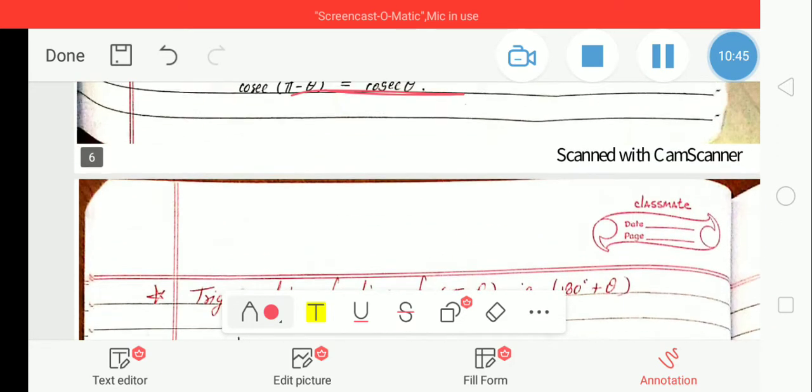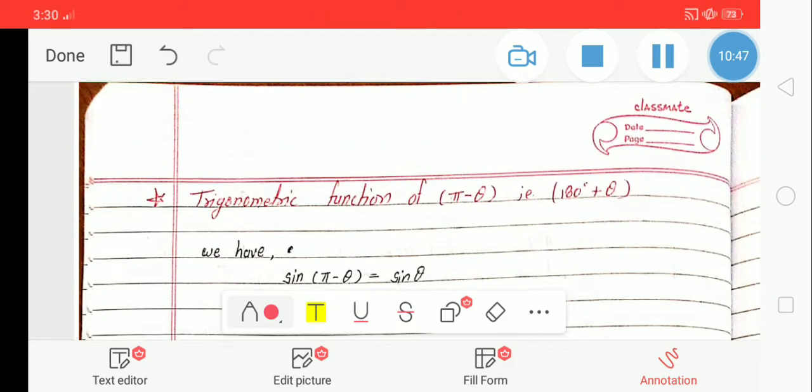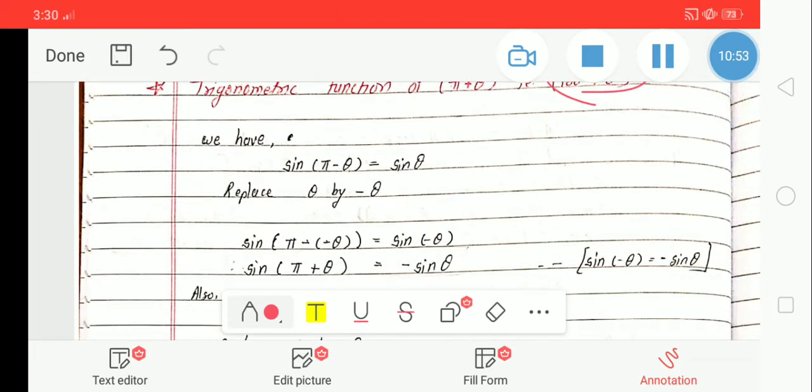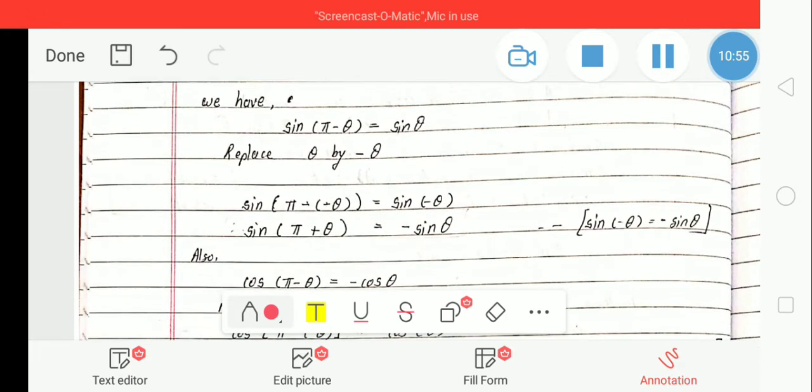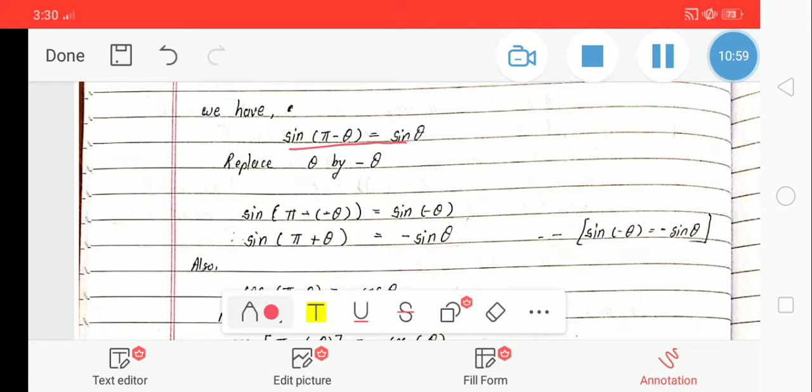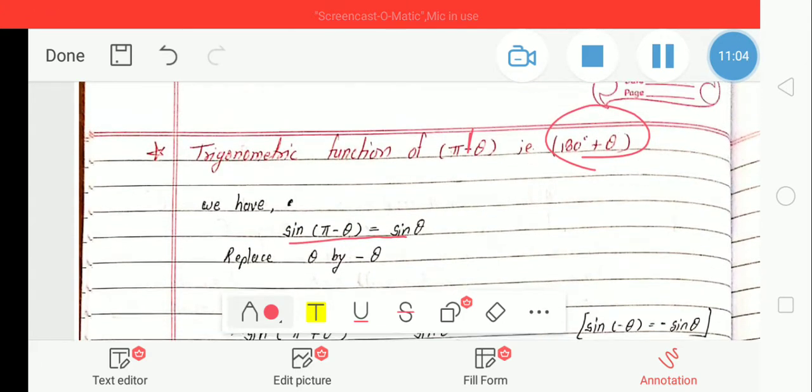Now again these are pi minus theta, and here pi plus theta. Now we have sin(pi minus theta) is equal to sin theta.